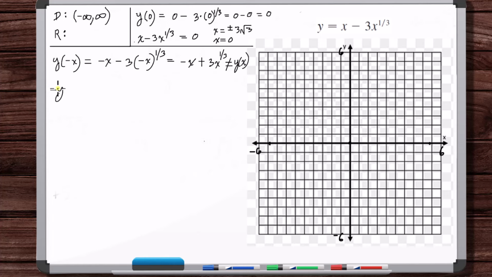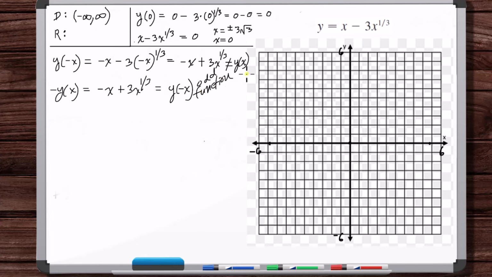What about an odd function? So minus y of x is equal to what? If we just multiply y of x by minus 1, we get minus x plus 3x to the 1/3. And that is equal to y of minus x. So this is an odd function.